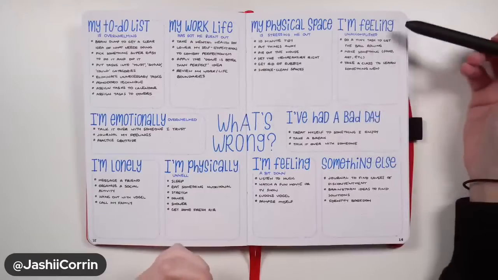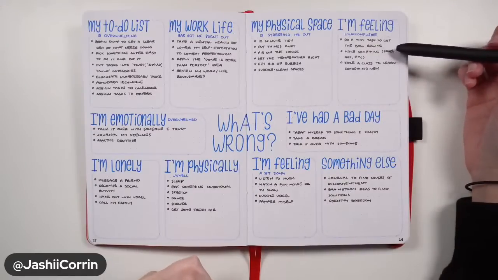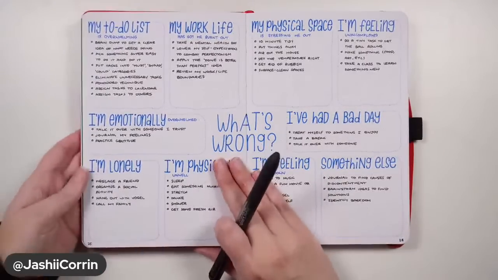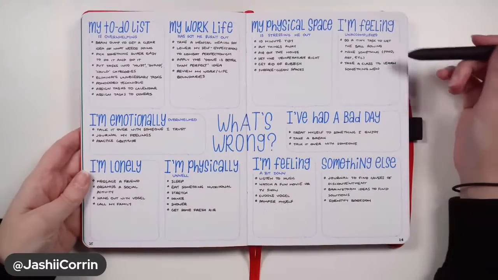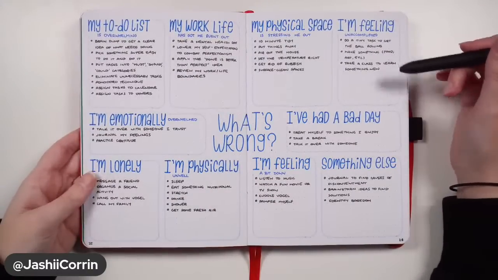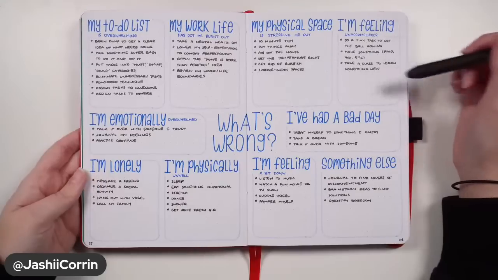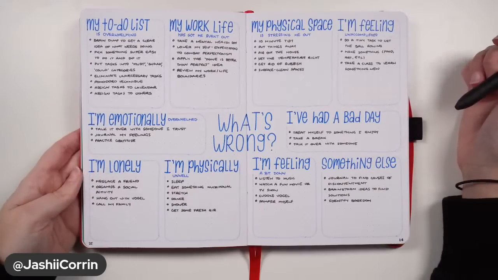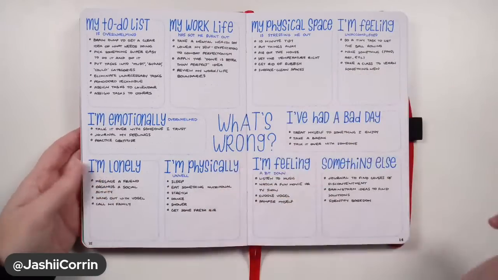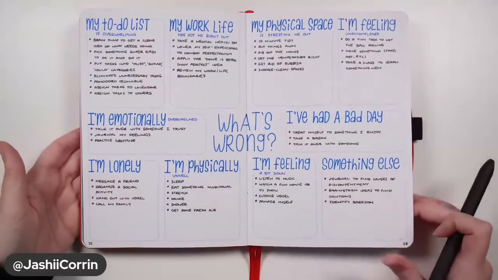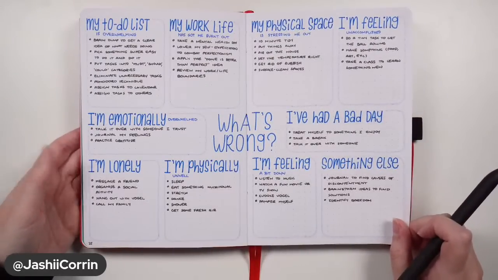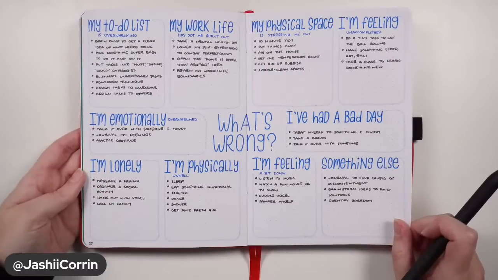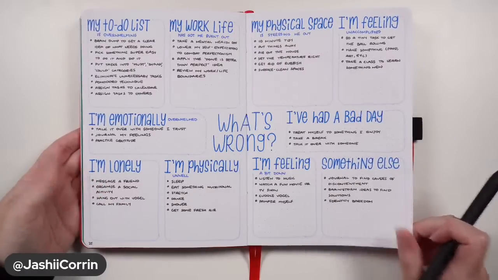If I'm feeling unaccomplished, what could I do that could help me feel a little bit better about that? Just do something tiny to get the ball rolling. You could make something, you could take a class to learn something new, all of those kinds of things. Some of these have a little bit more space that I can write other things in. I don't have any specific ideas right now, but it can be helpful.